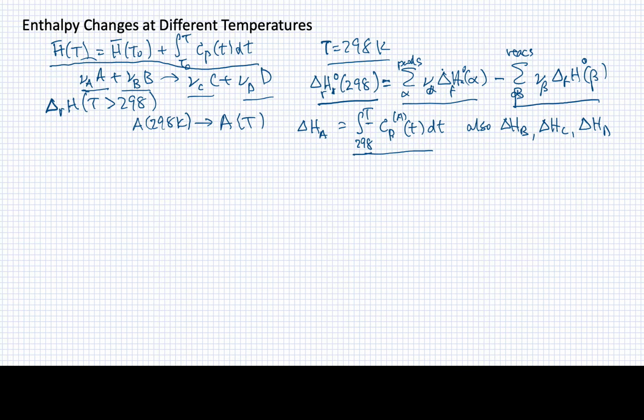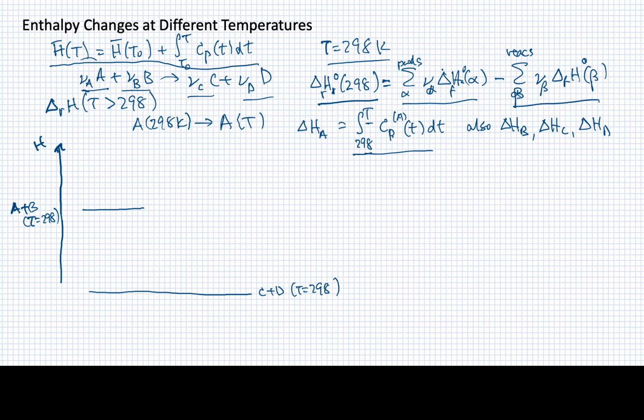Well, let's draw a diagram. My diagram is going to have as its vertical coordinate enthalpy. That makes the most sense. And I'm going to have down here as my lowest point my products, C and D, at T equals 298. Now let's say that somewhere up in here, say right here, I have a position of enthalpy that represents A and B, my reactants, also at a temperature of 298.